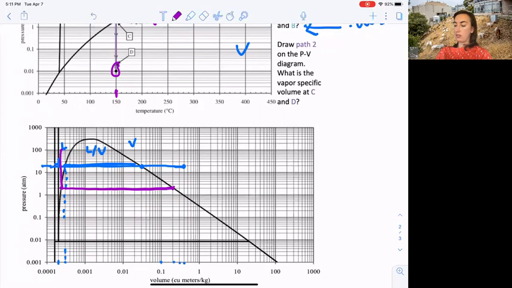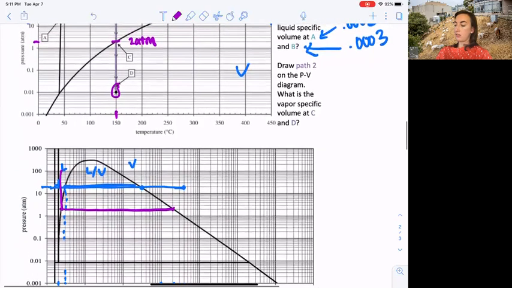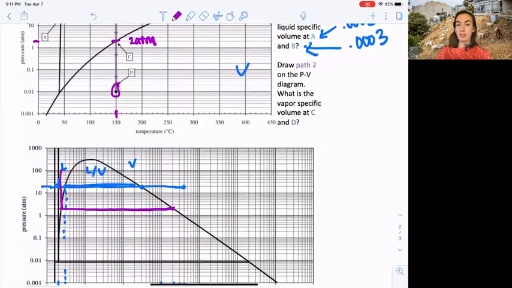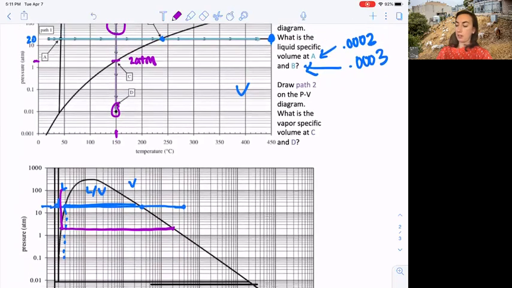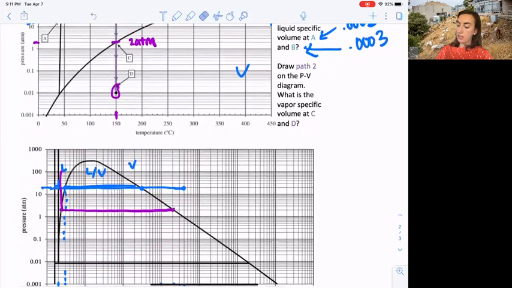And so the first thing is sort of finding point C on here. So point C is our liquid vapor coexistence. So point C is going to be this whole line right here. And so what we want is, what is the vapor specific volume at C? So very similar logic to what we had before.